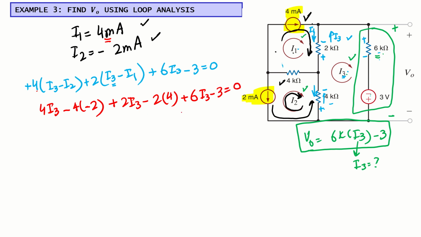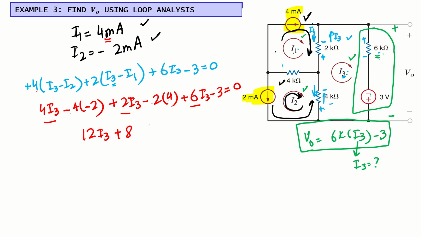So we have one equation and one unknown. We can simply rearrange the terms and get the value of I3. So we have 4I3, 2I3 and 6I3, so we have 12I3. What are the constants? Minus 4 times minus 2 will be plus 8.